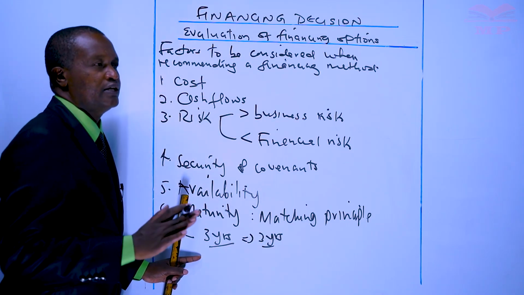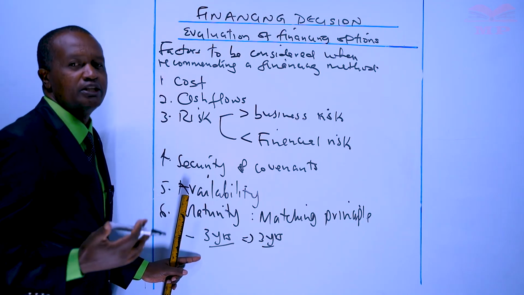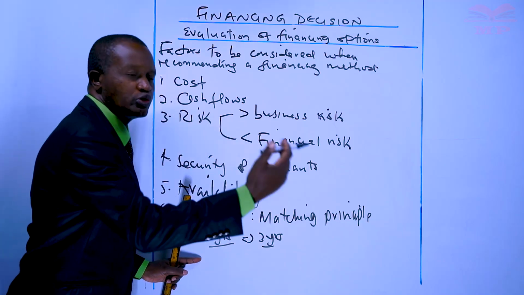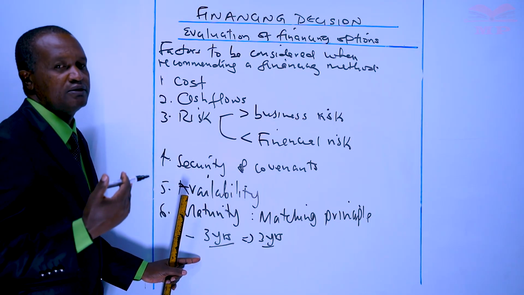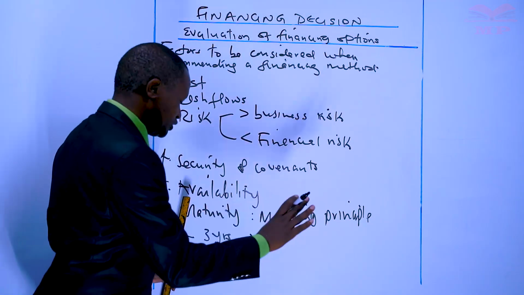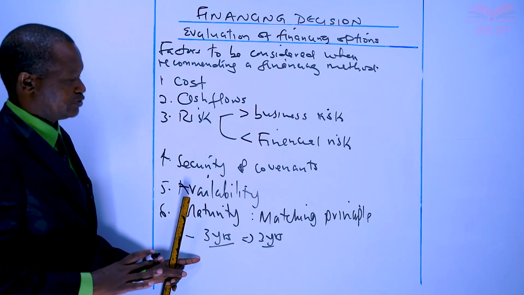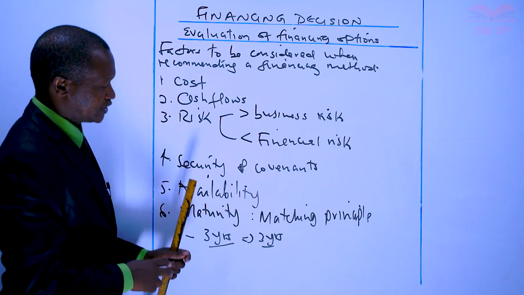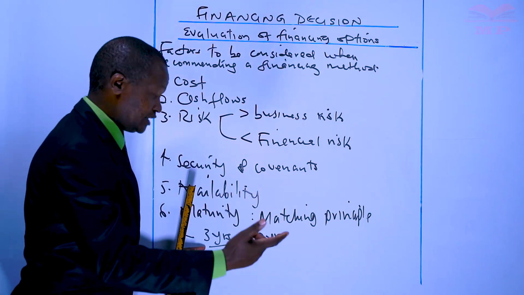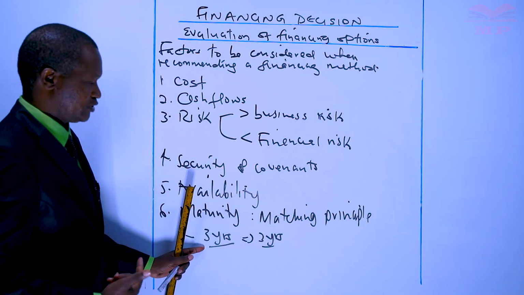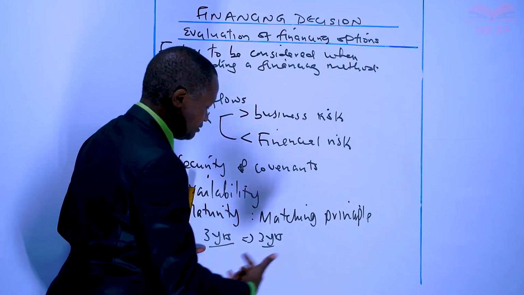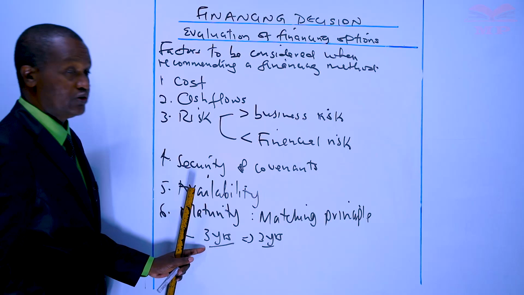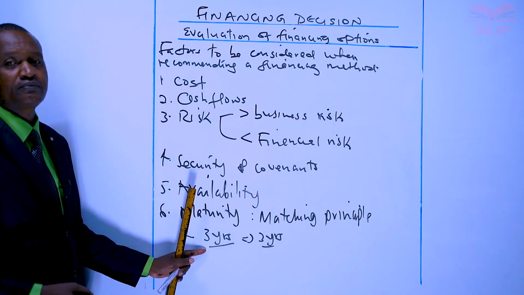And therefore, a short-term project should be financed with a short-term source of finance. The period of the project should be matched with the maturity of the source of finance.